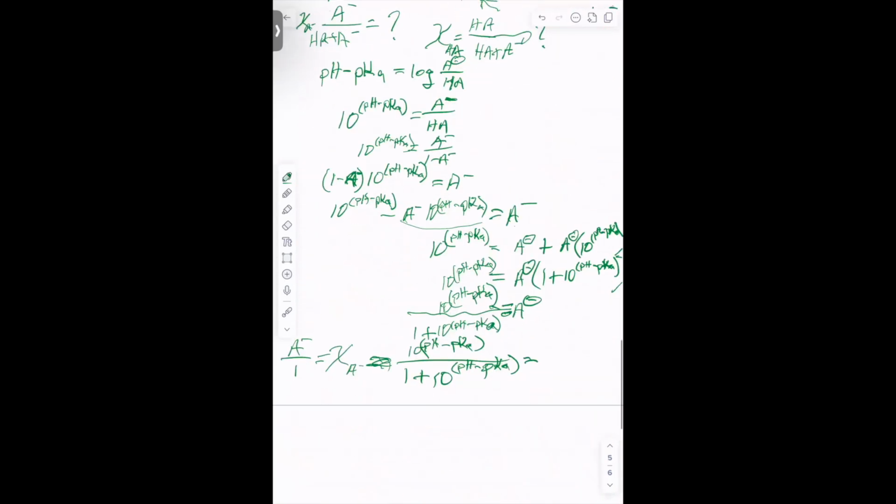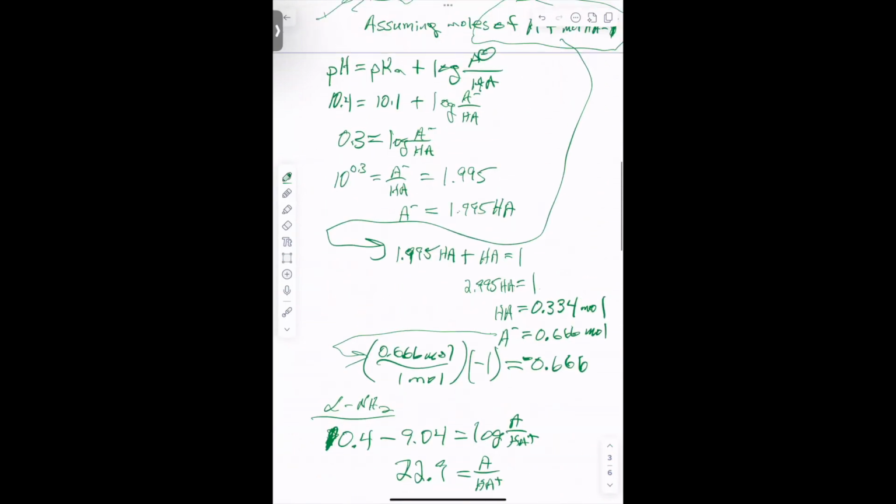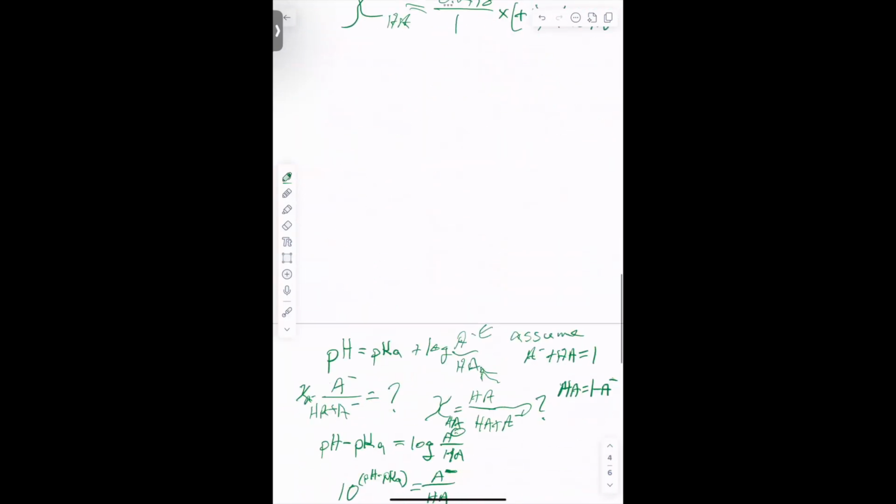So 10, and we already did some of the math here, to the 0.3, because that's the difference between pH and pKa, divided by 1 plus 10 to the 0.3. And if we do that math, what do we get?